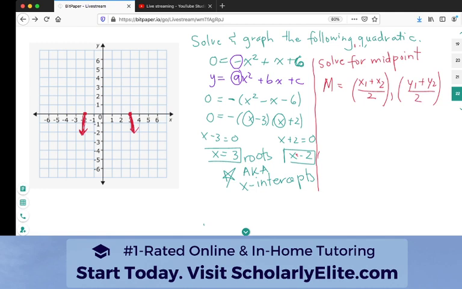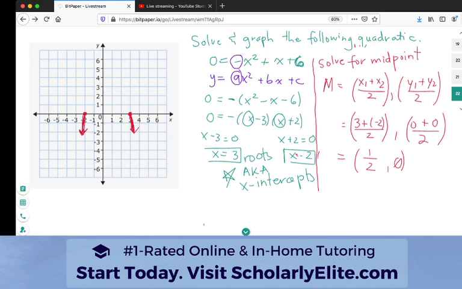So if we have our 2 points, we've got the x's, which are 3 plus negative 2 over 2, and we've got 0 plus 0 over 2. Wonderful. So we know that our midpoint is going to be 1/2 over 0.